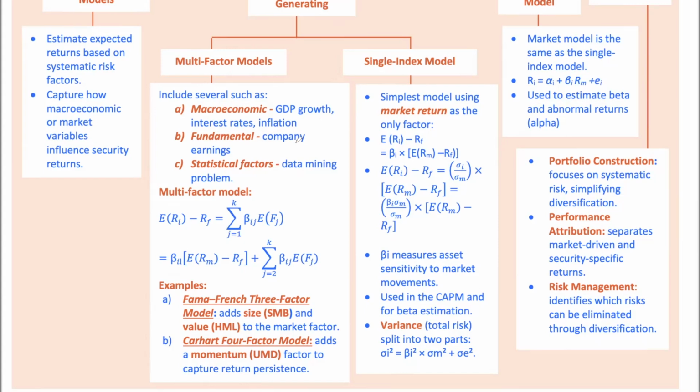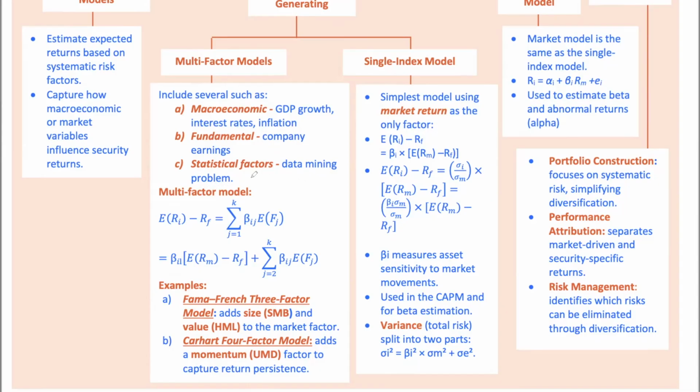And then there are statistical factor models. These come from pure data crunching. Analysts run regressions across hundreds of returns and try to find patterns that explain movements, sometimes with no obvious economic reason. And that's where things get funny.